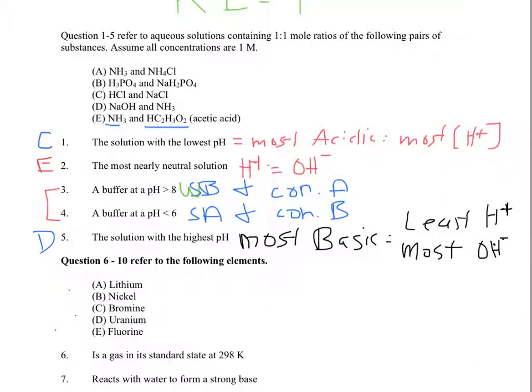And number 4, please write that as a weak acid. I made that little bitty mistake. So now it should make a little more sense. A buffer with a pH greater than 8 is going to be a weak base and its conjugate acid. Which one of those do you have, a weak base and its conjugate acid?